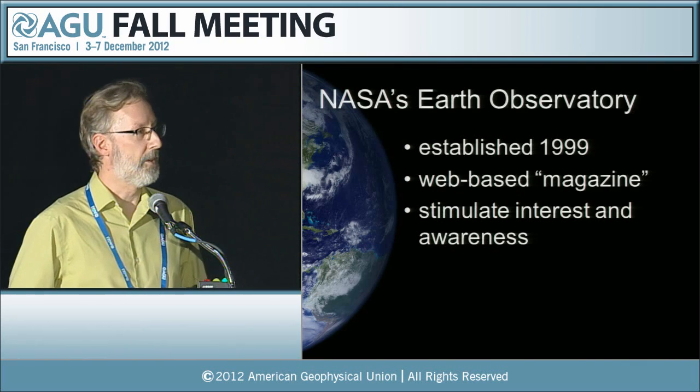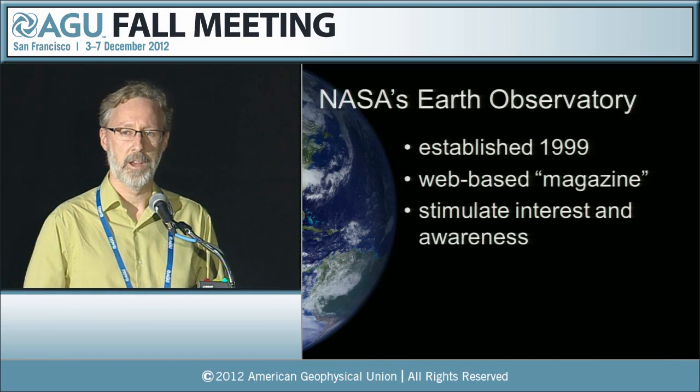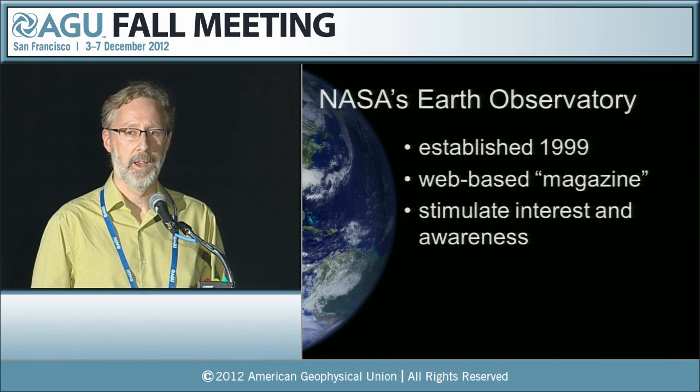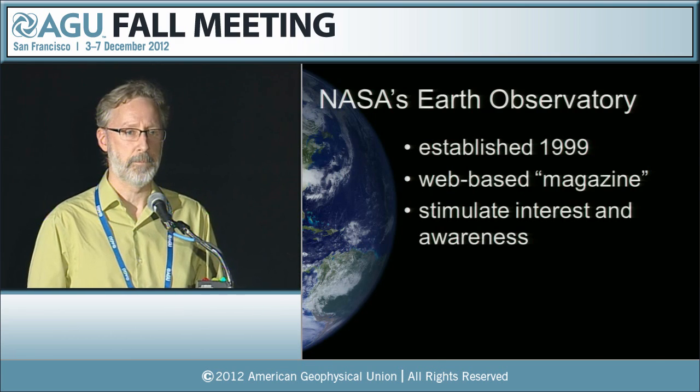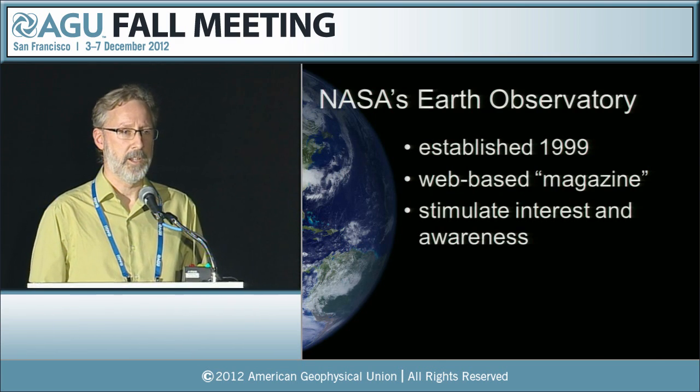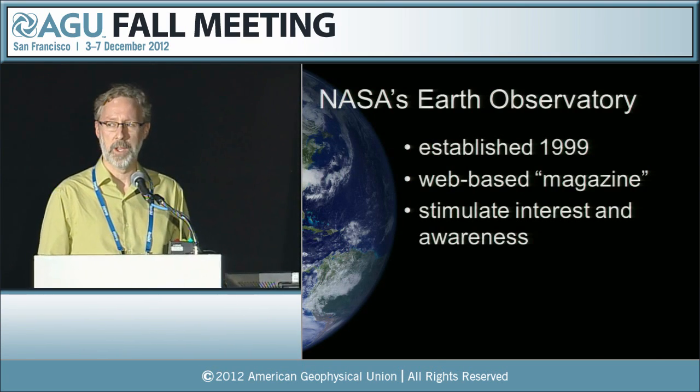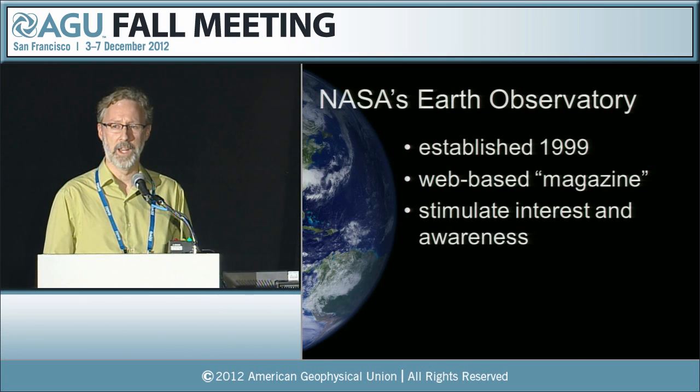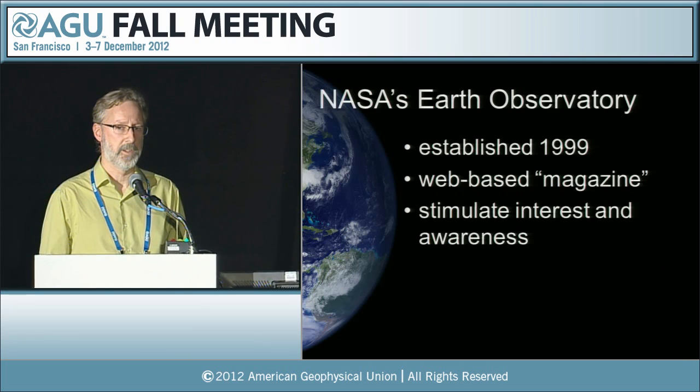The Earth Observatory was established in 1999. Our purpose was to be a web-based magazine with the idea of providing a central point for information related to the Earth observing system and the launches of its initial spacecraft, the Terra satellite.